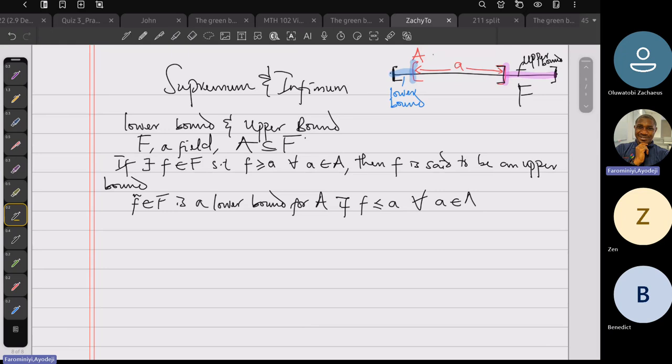When I say qualifiers, I'm talking about for all, such that, all of these things that we are talking about. So for all a in A, it is important for us to have that.